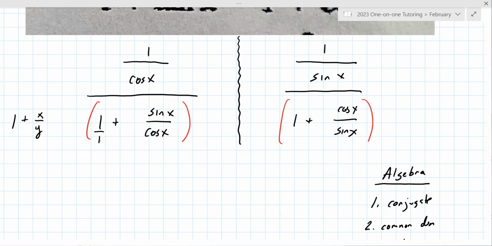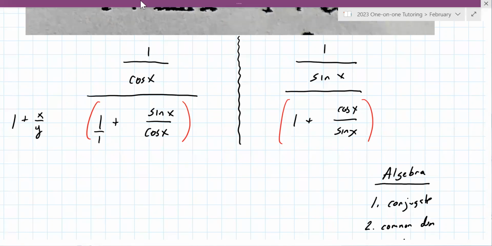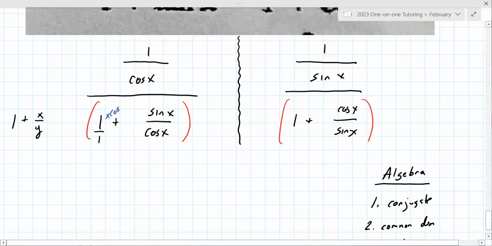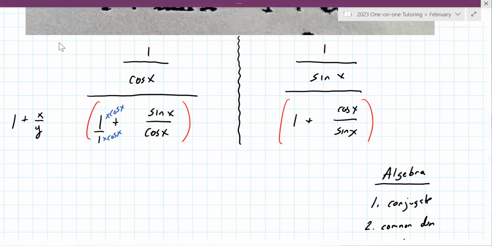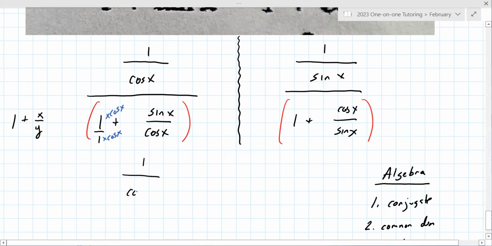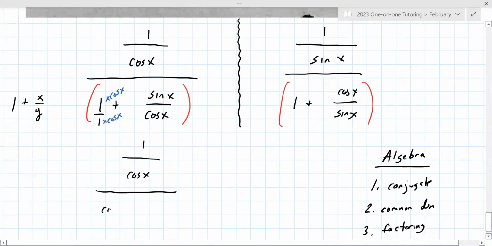Do you multiply everything by cosine? The top and bottom on the left, yeah. So it ends up being times cosine x times cosine x. So let me rewrite this here. So it's 1 over cosine x over cosine x over cosine x plus sine x over cosine x.